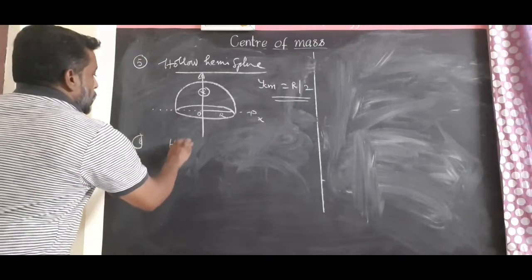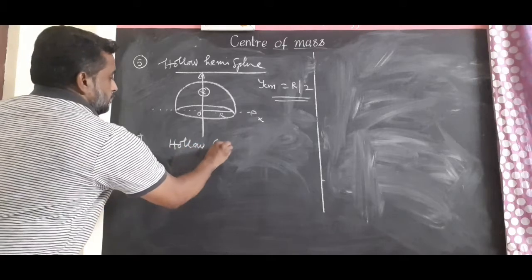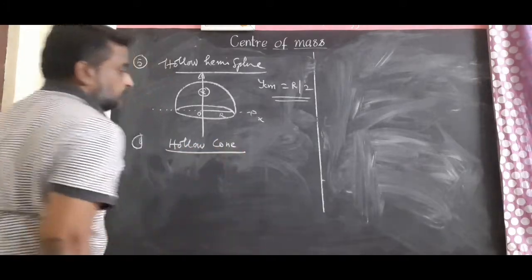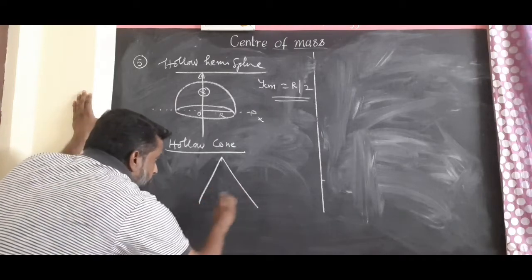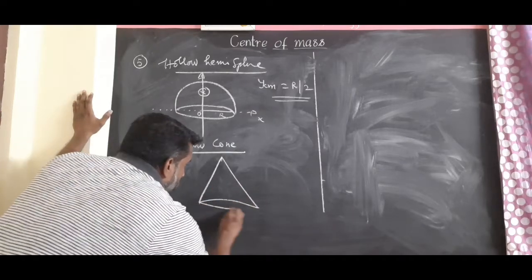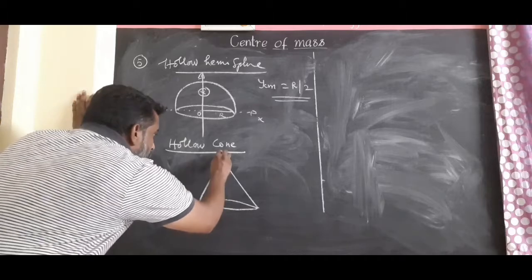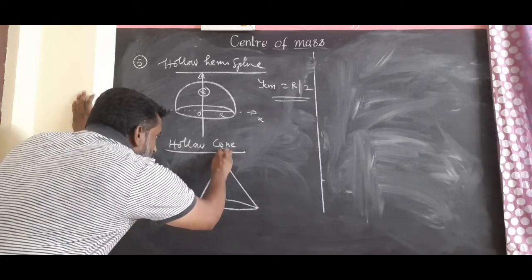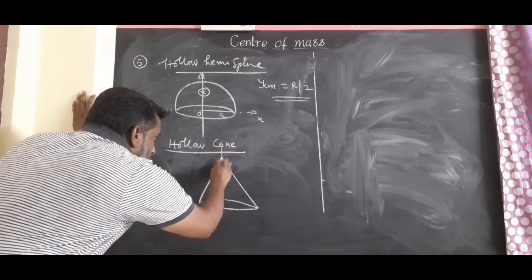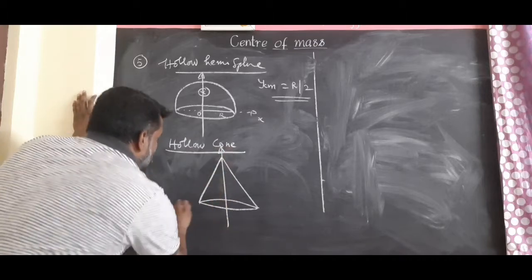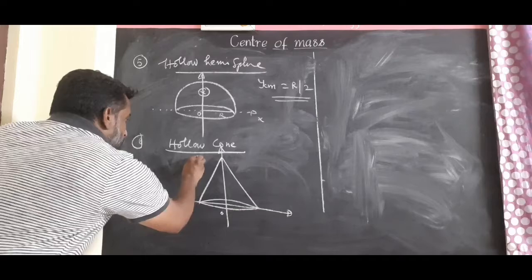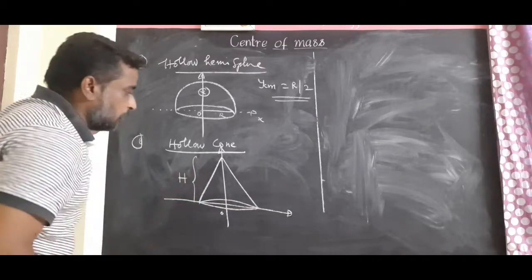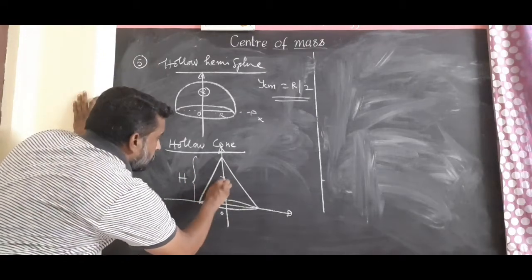Next one will be the hollow cone. In case of a hollow cone of height h, the height of the cone is h.